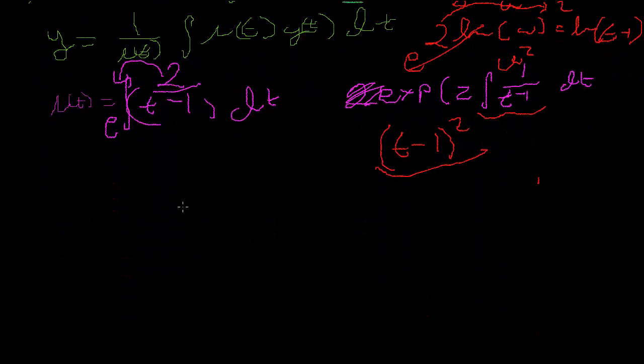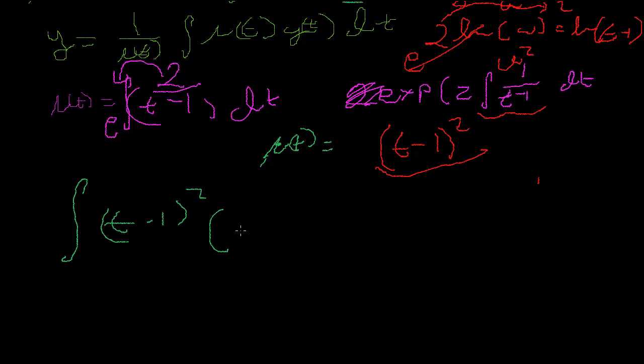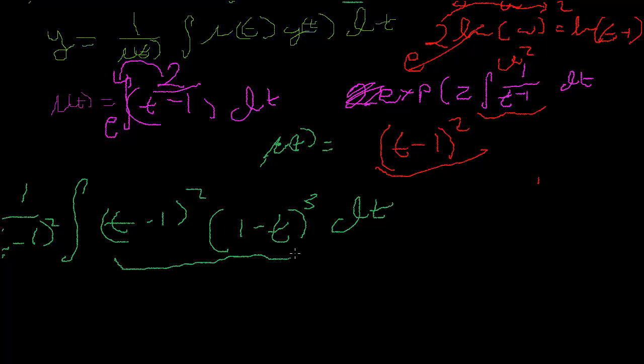Now that we've got that, our mu of t equals t minus 1 squared. Now we multiply those together: the integral of mu times g, (t minus 1) squared times (1 minus t) cubed dt, with the 1 over (t minus 1) squared in front. This may be a little tricky at first, but really these two things equal each other.